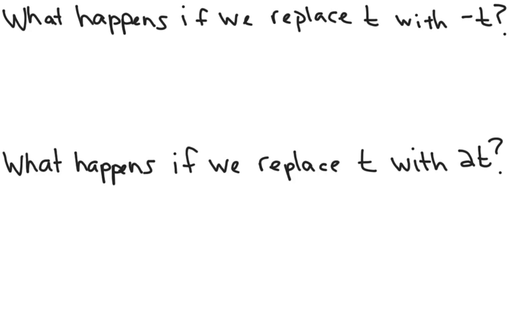So what would happen if I replaced t with negative t in those equations? Well, x would become t squared plus 3t, because if you put in negative t, squared is still positive t squared. And then when you plug in negative t in the second part of the equation, you get negative 3 times negative 1, which is negative 3.